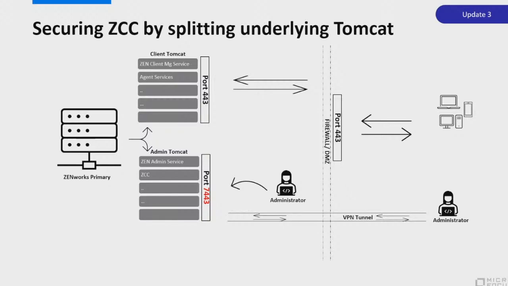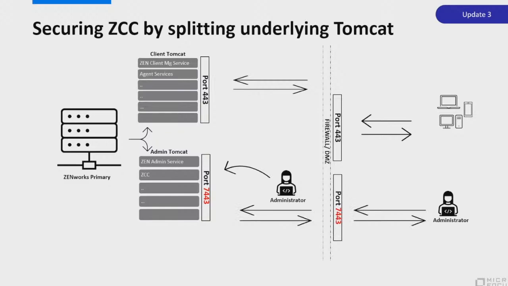Maybe you want to enforce the VPN for your administrative services, or you can open up port 7443, but at least you know exactly what you're doing. You're opening port 7443, or whatever port number you assigned, for administrative services, and you can make that choice knowingly about how you are providing access to your ZENworks administrative services outside the firewall.